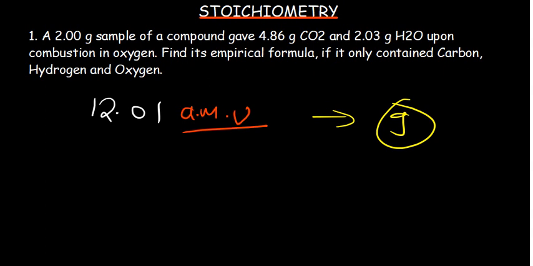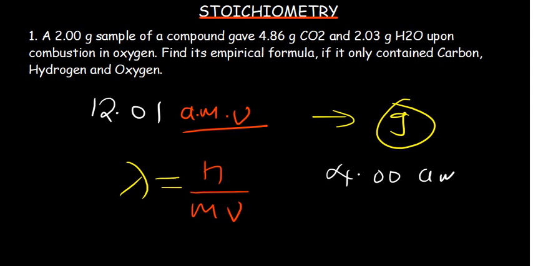I like giving an example of a question that came last year, where they ask you to determine the de Broglie wavelength, where you know this is your formula, right? And then they give you a mass of 4.00 atomic mass units, and they also give you the velocity.